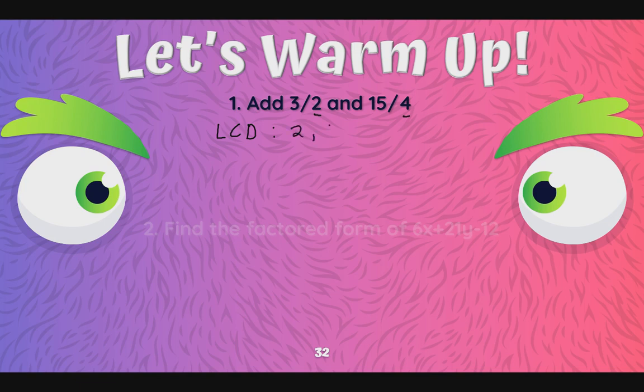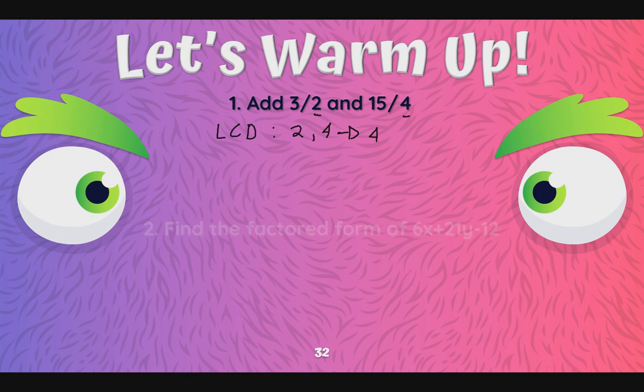We know that 2 and 4 are the denominators, and the LCD of these two, or the number that can be divided by 4 and 2, is 4. So you have to think the lowest or the least. 8 is possible, 12 is possible, but the least is 4.